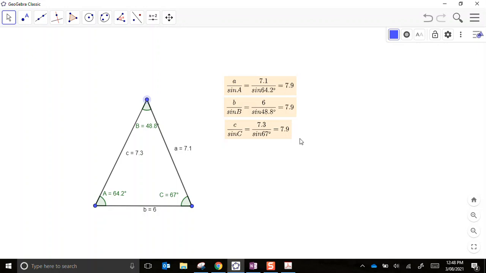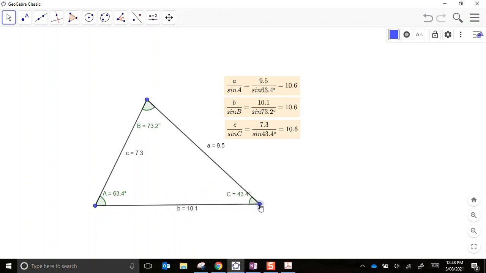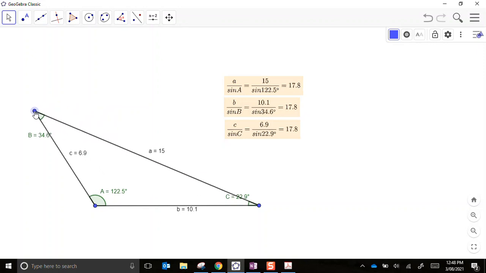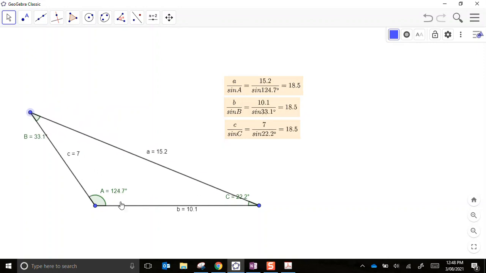It's not so much that they equaled 10 that was the good thing. The fact that they all equal the same is the exciting part of this. So in any triangle I care to draw, it can be a scalene triangle like the one I have here, it can be a right angle triangle, it can be an obtuse triangle where one of the angles is an obtuse angle, it doesn't really matter.